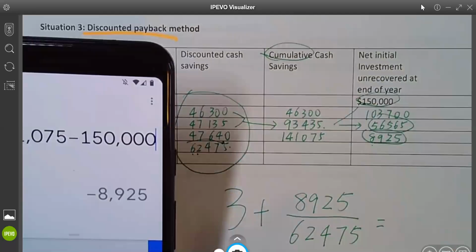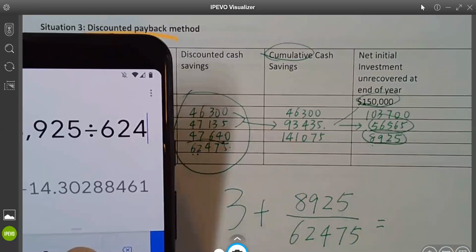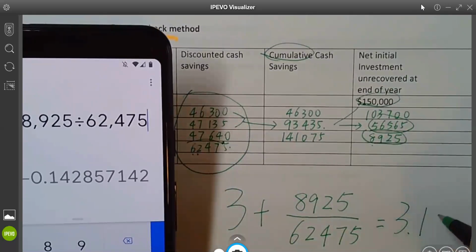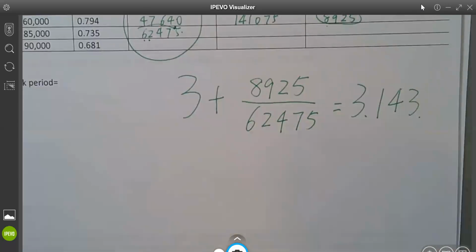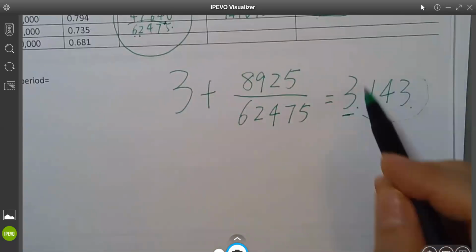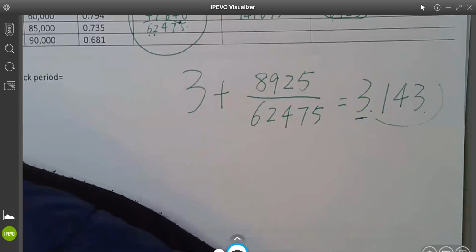So the fourth year, you just need to wait a little bit, right? So you need 0.143 year.